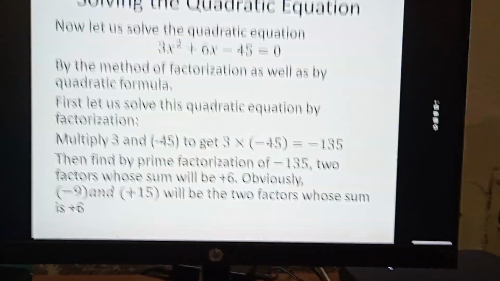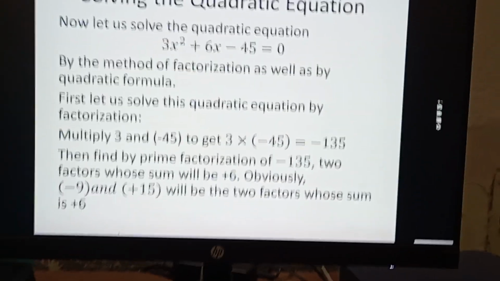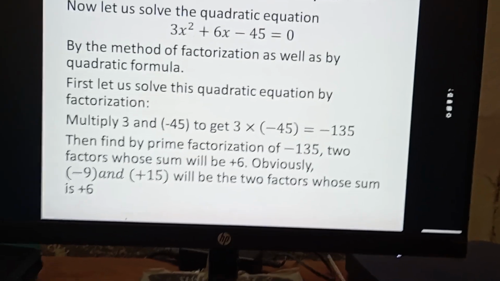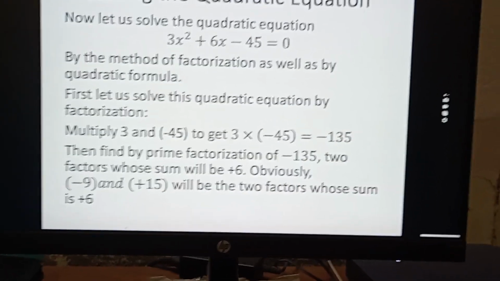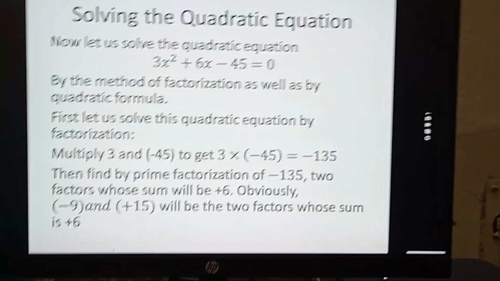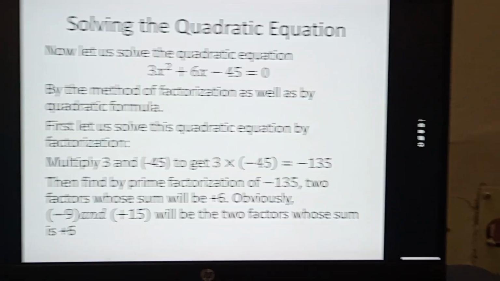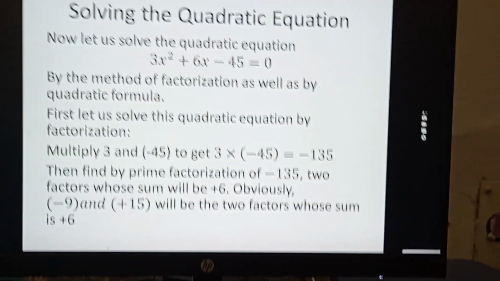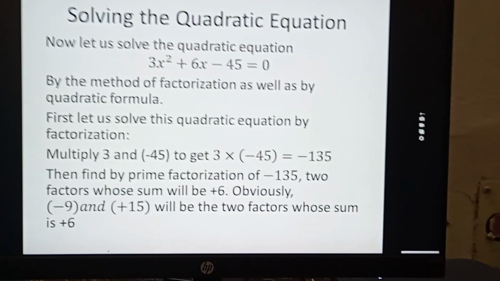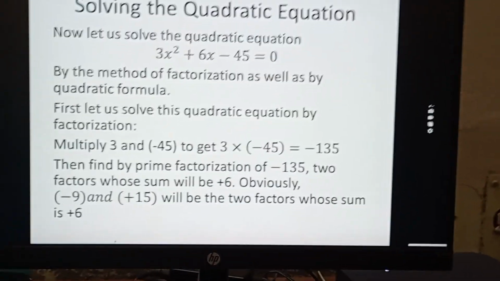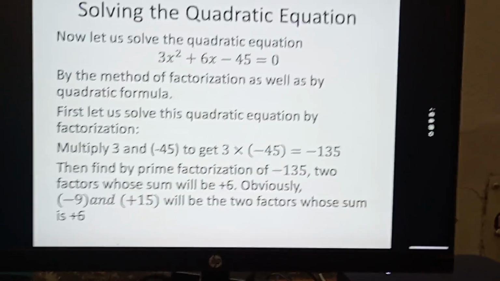You multiply the coefficient of x squared with the constant term with the appropriate signs. 3 into minus 45 gives minus 135. Then find, by prime factorization of minus 135, two factors whose sum will be plus 6.